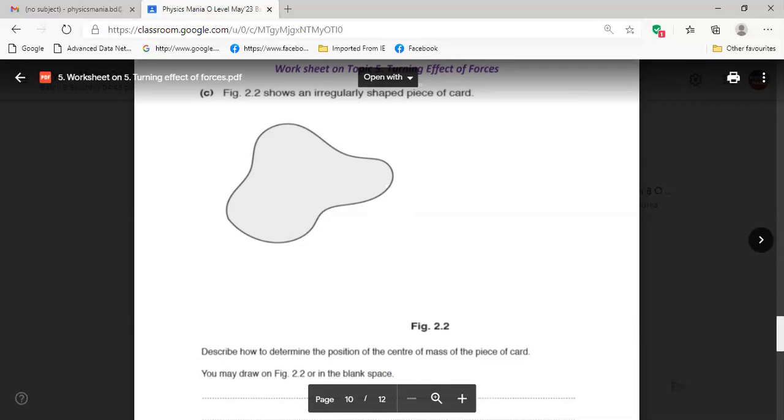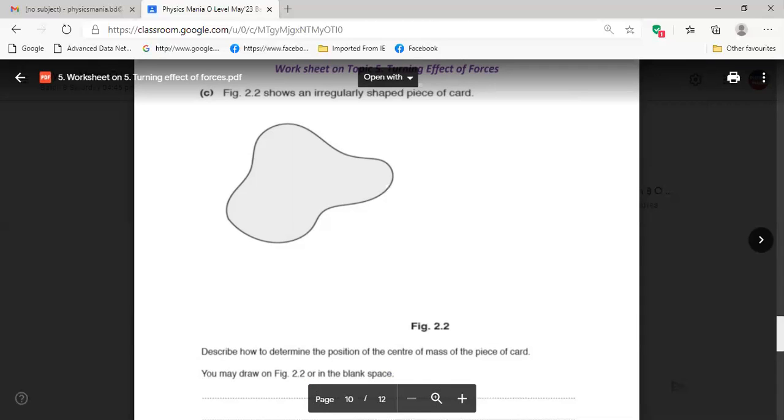Okay, we will take 3 points, right? Yes. 3 points at 3 corners of the lamina. Then make holes, right? Yes. And from each of the holes, we will let the lamina suspend freely.